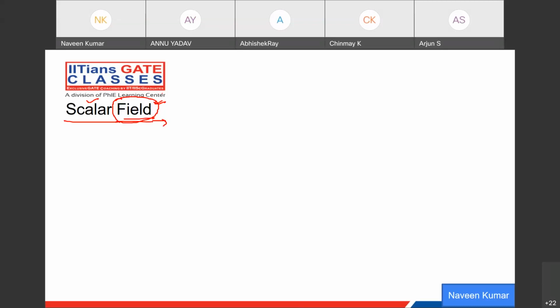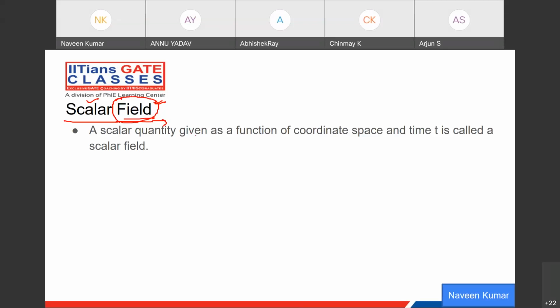So a scalar quantity given as a function of coordinate space and time is called a scalar field. Can you give any example of a scalar quantity in aerodynamics or fluid mechanics? Mass, pressure, temperature, density. Yes, all are scalar quantities.